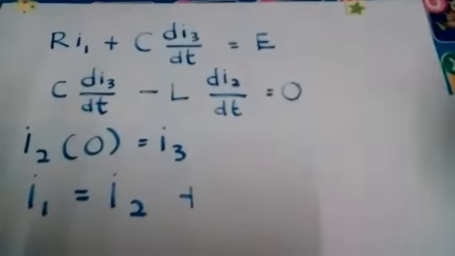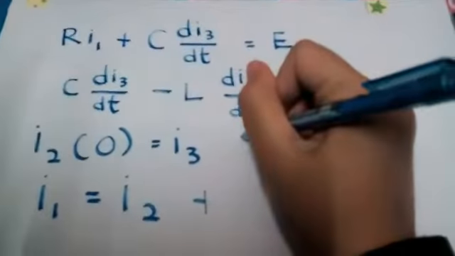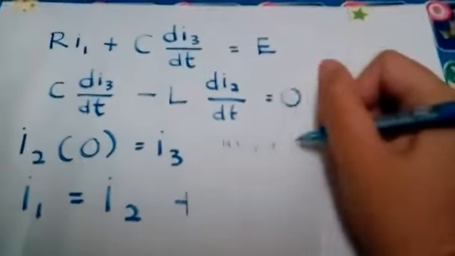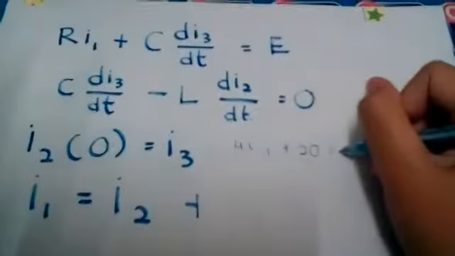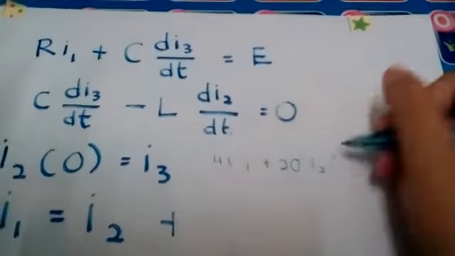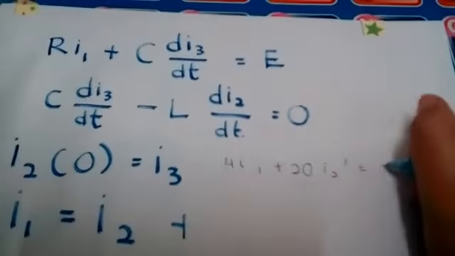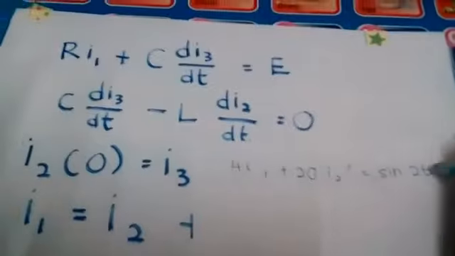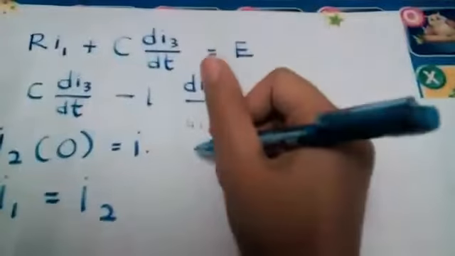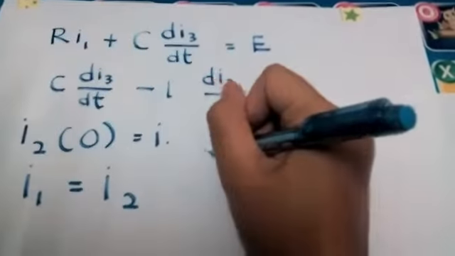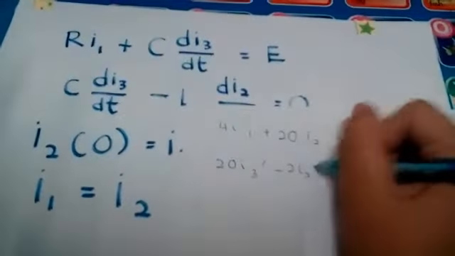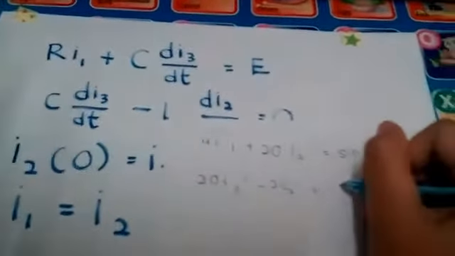So from equation 1 we will get 4I1 plus 20I2 prime equal to sine 2t, and also in the equation we will get 20I3 prime minus 2I2 prime is equal to 0.